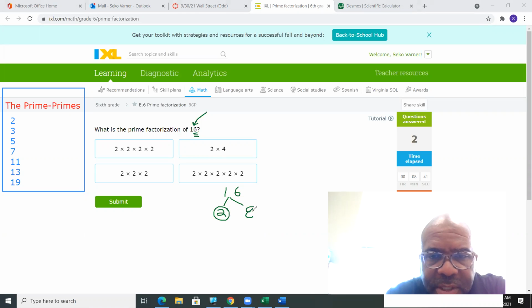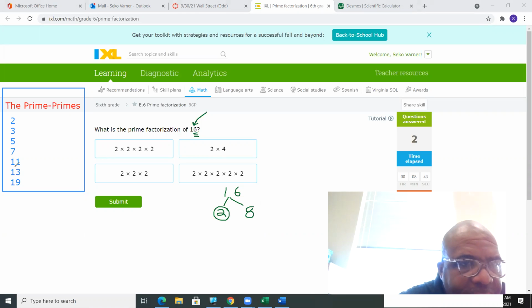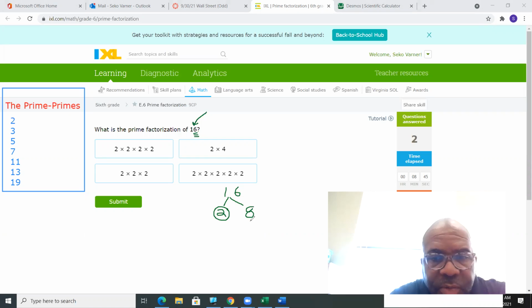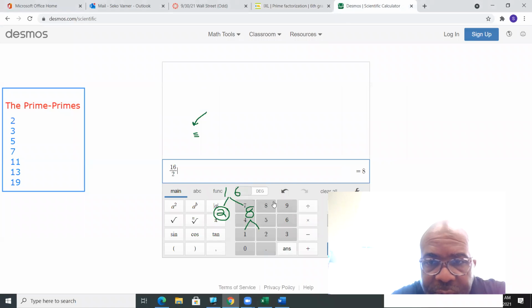Now, 8 is not a prime number, so I need to break 8 down. 8 is an even number as well, so I can go back to my handy dandy decimals calculator and do 8 divided by 2, and that's going to give me 4.